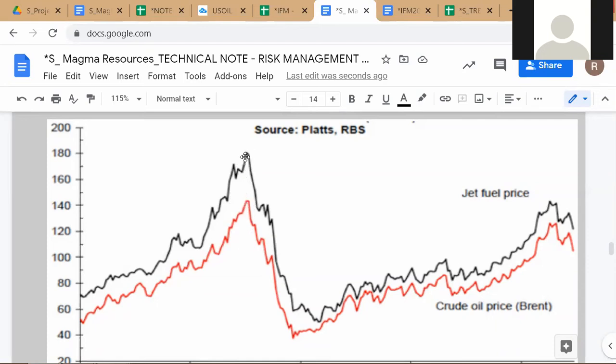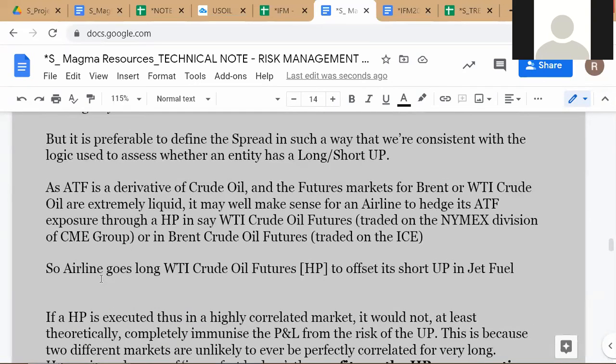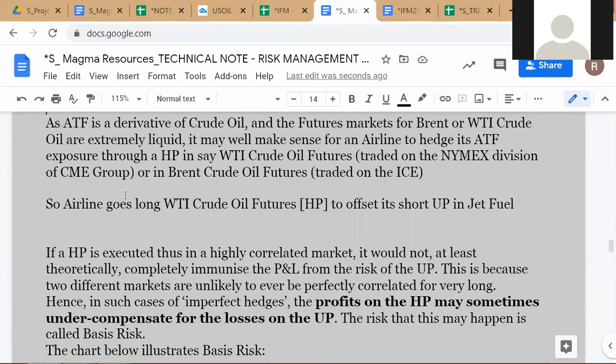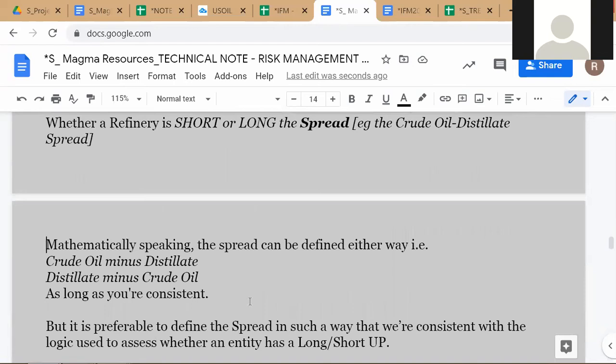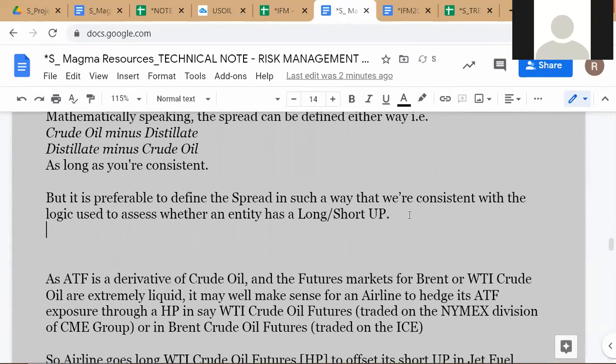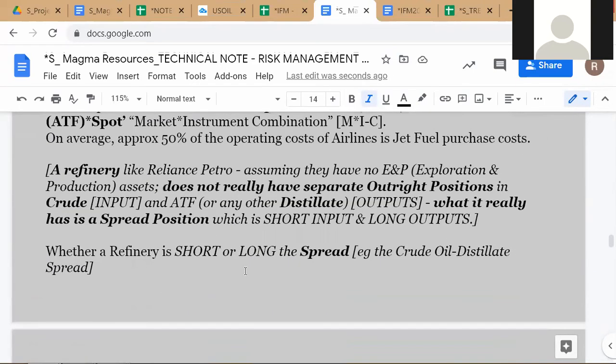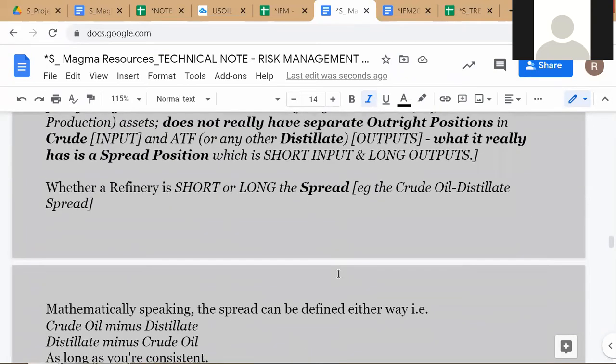If you plot the variable as distillate minus crude, it's a better way to do it, because if you see this going up, then the airline and the refinery will not have the same kind of position actually. So I've not equated them.